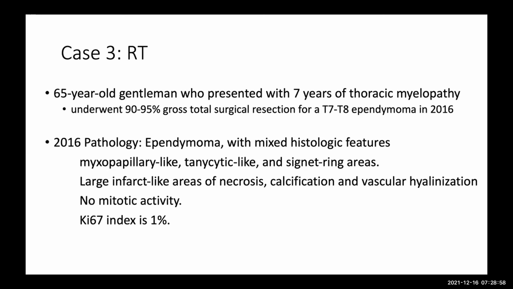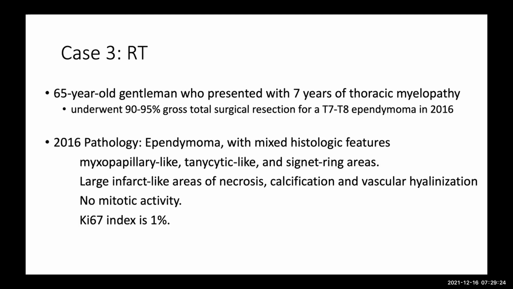Good morning. So this next case number 3, it's a 65-year-old gentleman who initially presented back in 2016 or 15 with 7 years of thoracic myelopathy. He had a lot of bowel and bladder issues, but I'll give it away. He had an ependymoma at T7, T8, which Dr. Levy resected with 90 to 95% gross total.